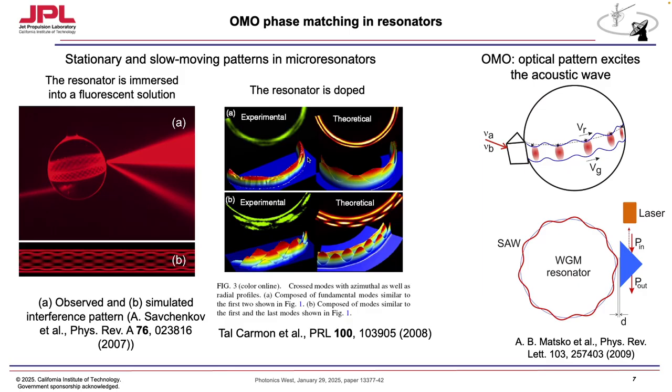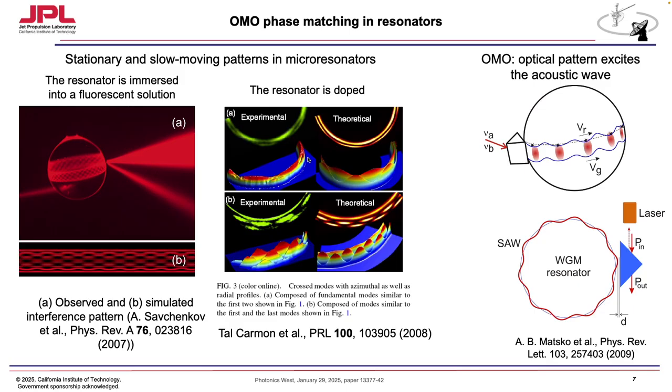So again, we have to satisfy two conservation laws. One is for the energy of photons and phonons, and the other one is phase matching. And phase matching in this particular case is ensured by the possibility of making slow-moving co-propagating optical patterns in the microcavity.